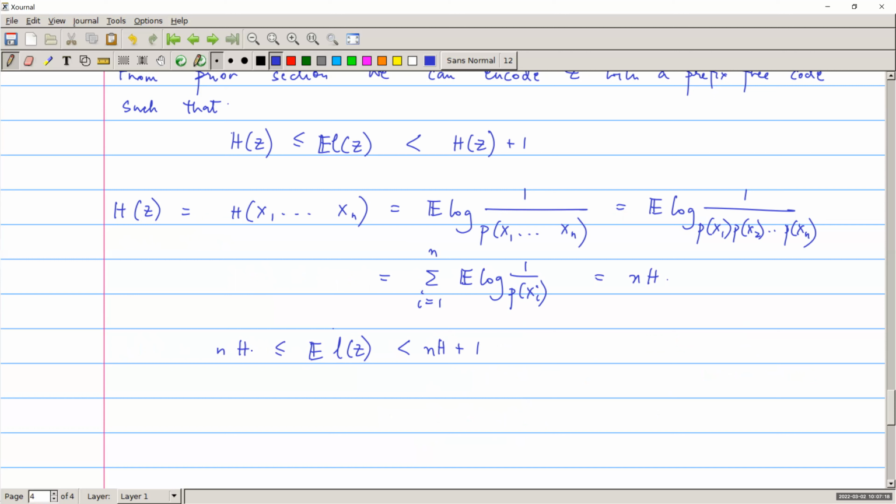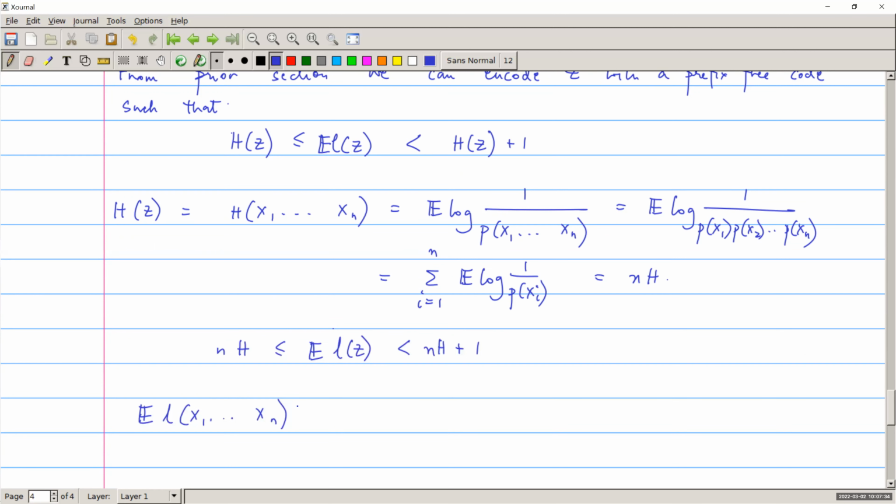Okay, now this means that if you're looking at the length of z, where z is x1 through xn, this is the code length that you assign to n realizations of this random variable.